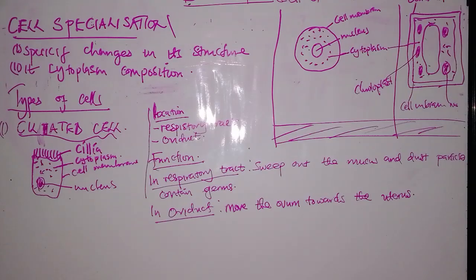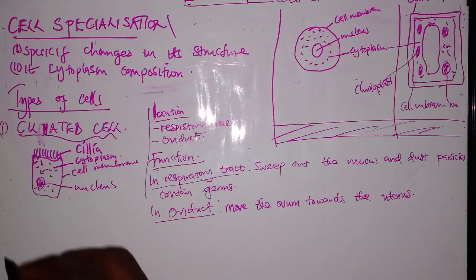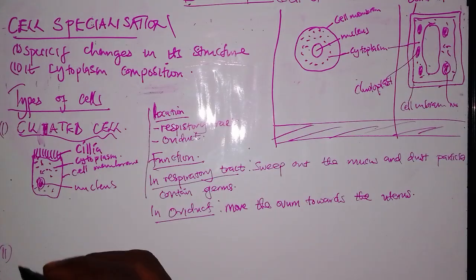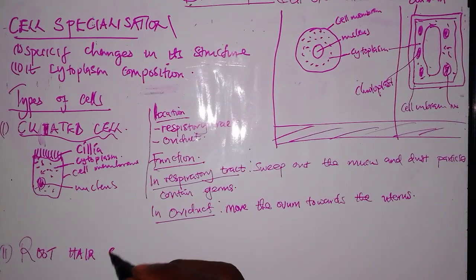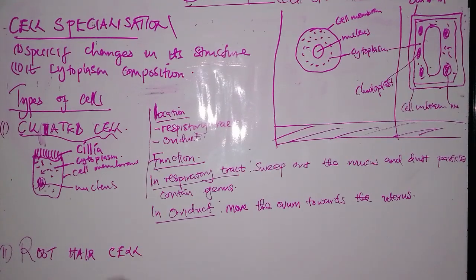So next we are going to look at another cell. This cell is known as the root hair cell. A root hair cell looks like this.